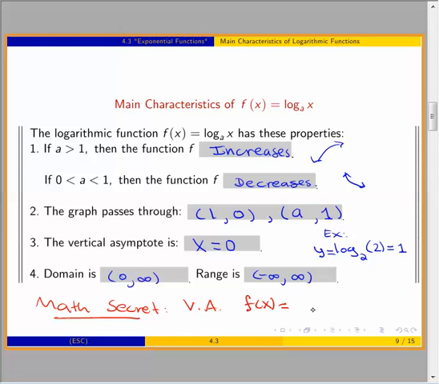So when they ask you to graph a function that has been shifted h units horizontally and k units vertically, then the vertical asymptote is always x equals h. So you guys want to keep this in mind, okay, as you guys graph these transformations.